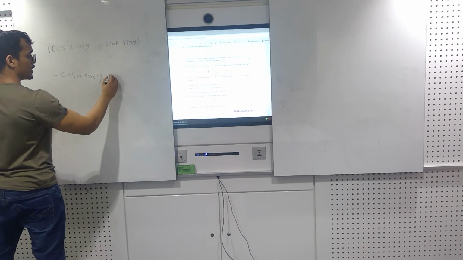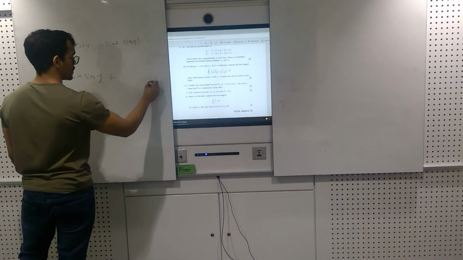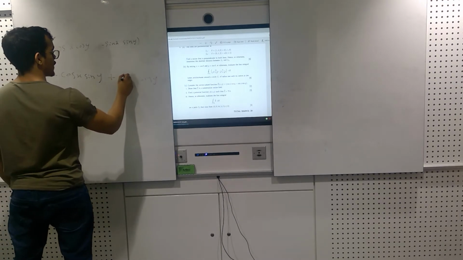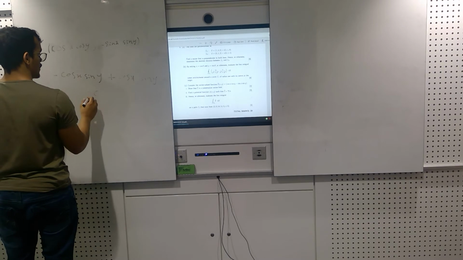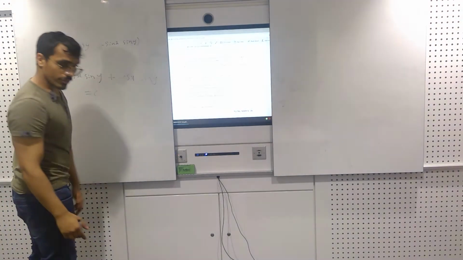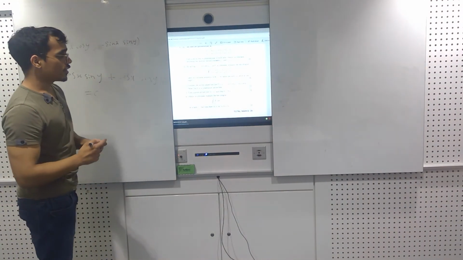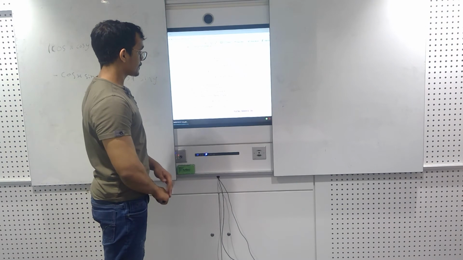Negative times negative is positive, so this is sine of y times cosine of x. The whole thing is equal to 0 because there's something and there's the negative of that thing. So the whole thing is just 0, which shows that this is a conservative field.